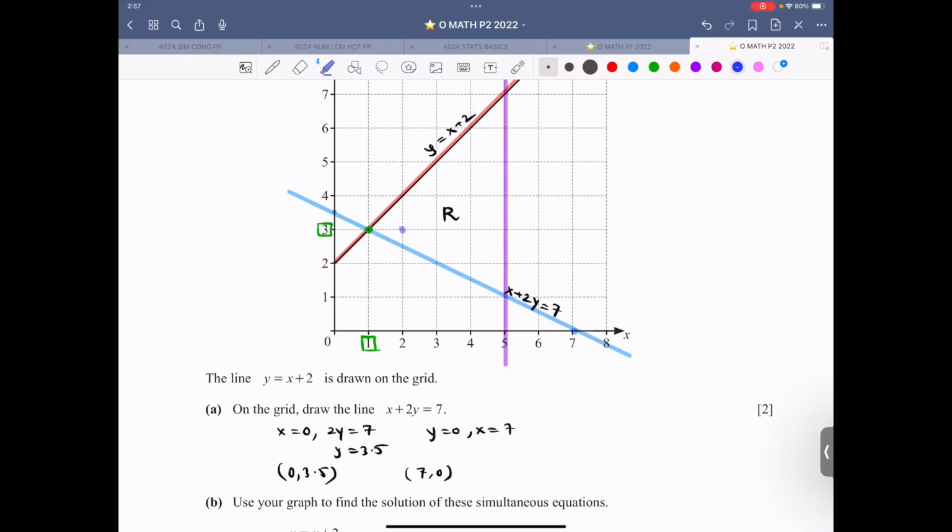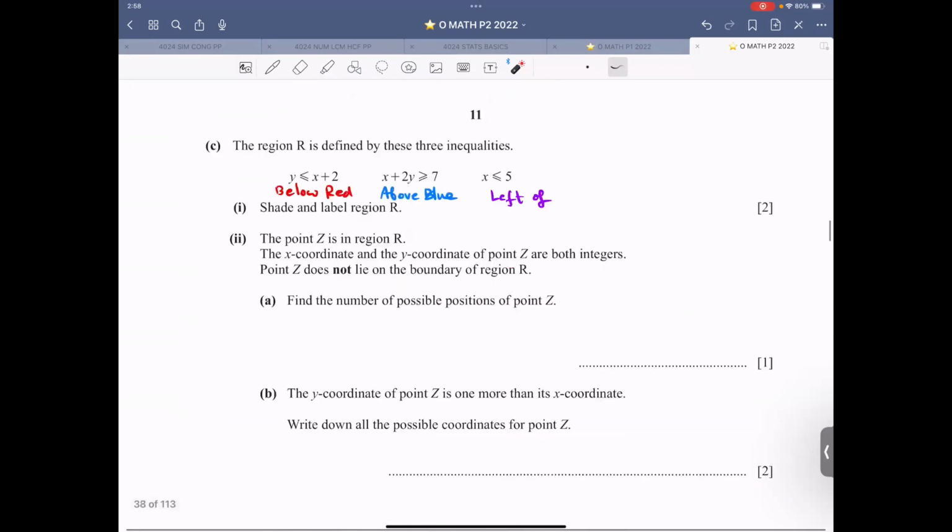This is one point, another point, and so on. What I see is 7 points. This cannot be, this cannot be, and these ones cannot be, since it cannot be on the boundary. So 1, 2, 3, 4, 5, 6, 7. There are 7 points. That's the first thing.